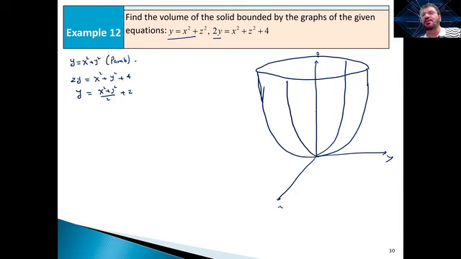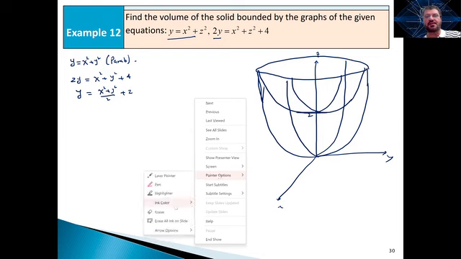So let's go to 2. Here's 2. Same paraboloid, but it's going up. So here's the other one. I have another paraboloid here that is going up. So that's the other one. So let me put the other one in a different color. So let's put it in red.